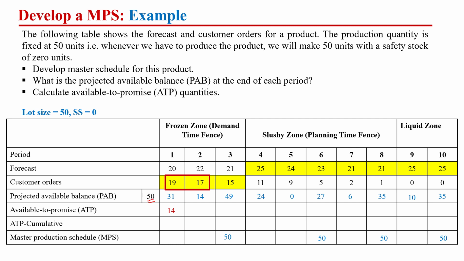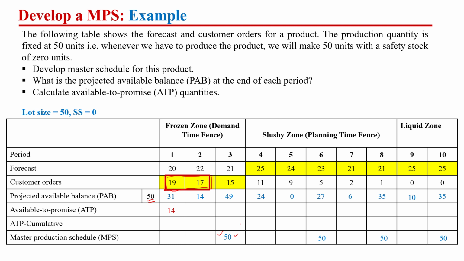therefore, 50 minus the sum of the confirmed orders till the time period where we have the next master production schedule. That's why we are summing up this 19 plus 17. So 50 minus the sum of 19 plus 17 is going to be 40. Okay, and then we have this 50, right? This master schedule.